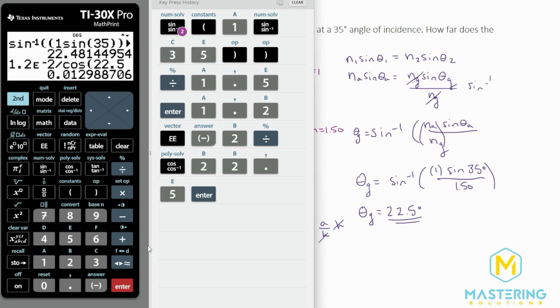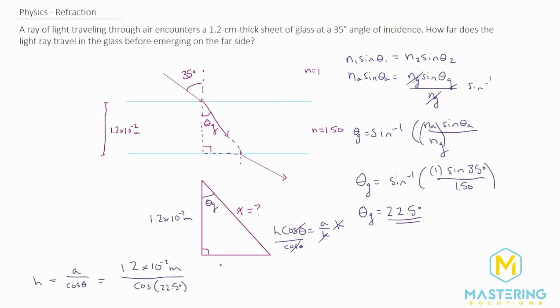So the distance of how long it'll be in the glass for is, this is meters, so 0.013 meters. We can move the decimal place 1, 2, and we have 1.3 centimeters for the distance of how long the light ray travels through the glass.